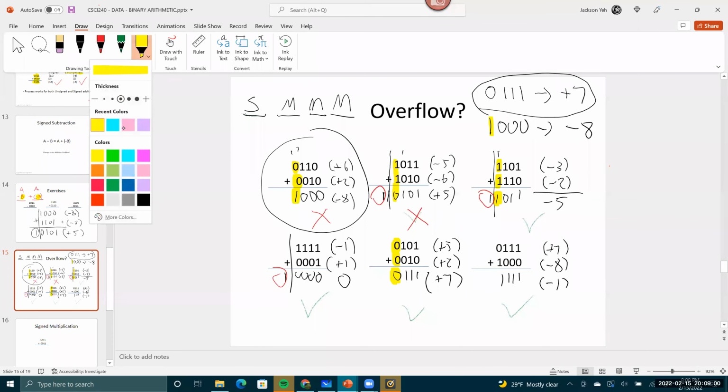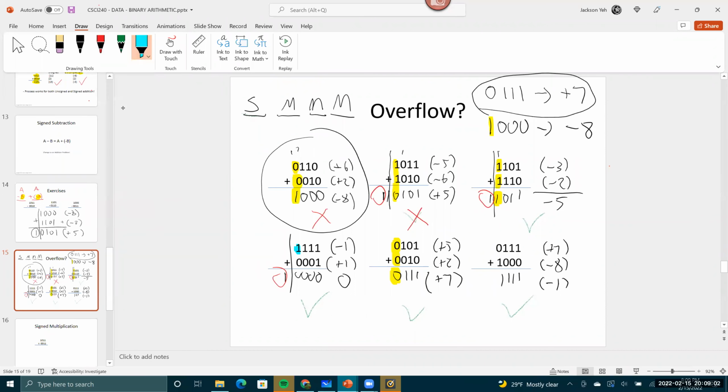What if the inputs aren't the same sign? If you're adding a negative number to a positive number or a positive number and a negative number, well, in both cases, when your inputs are not the same sign, you don't have to worry about overflow, because overflow cannot exist when you add a positive to a negative.